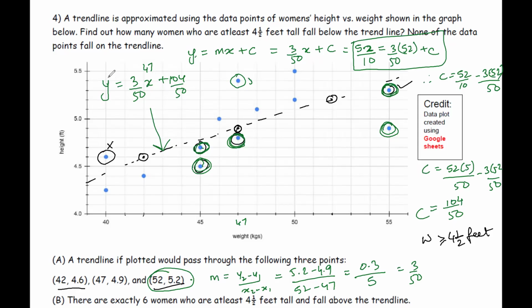So after plugging in x as 47, whatever value we get for y, if that value of y is lesser than 5.4, correct, then we know that this point is above the trend line. But we have to find out below the trend line, correct?